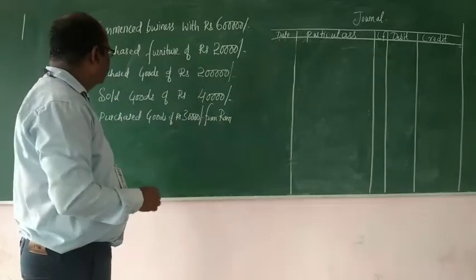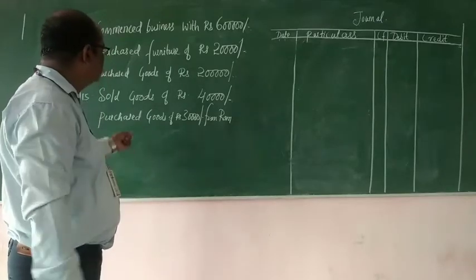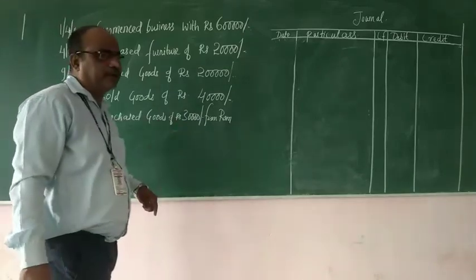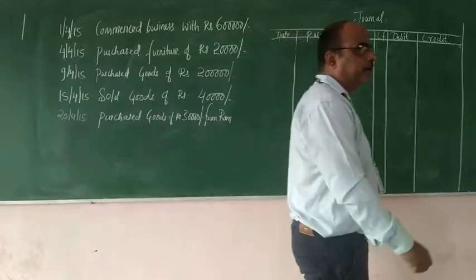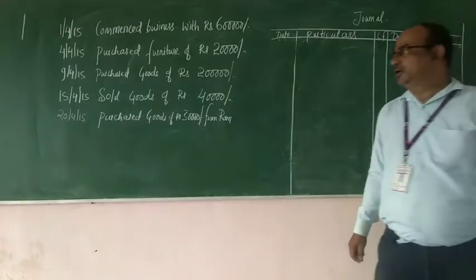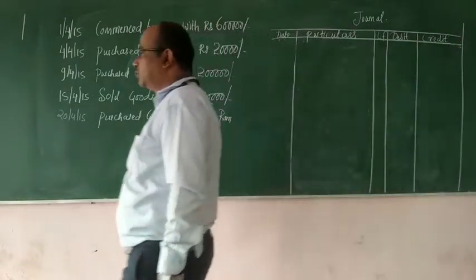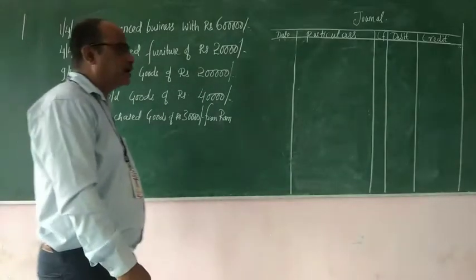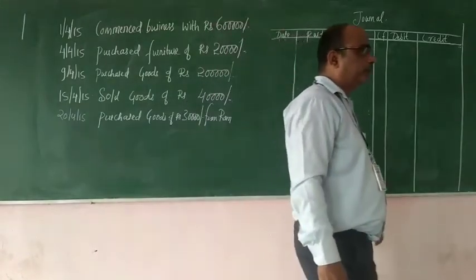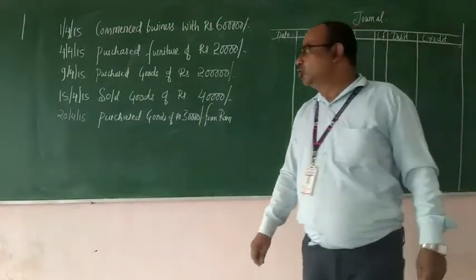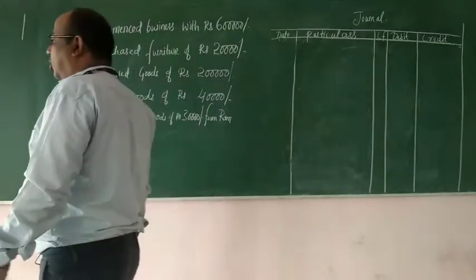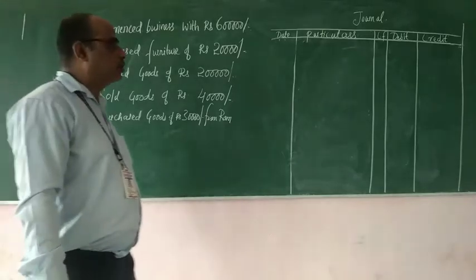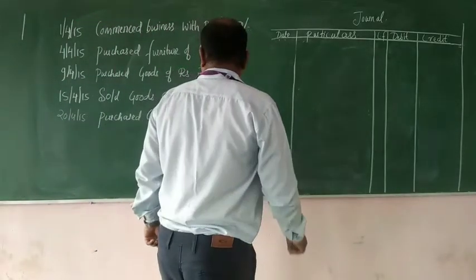So this is the transaction now. Here two accounts are affected: one is Ram and one is goods. Cash will not be affected here because this is a credit transaction and not a cash transaction. So one is goods account and another is Ram account. Ram is a personal account. He is a giver, so his account should be credited. And goods are coming in because we are purchasing the goods from Ram. Goods comes in, it is a real account. So here purchase account will be debited.